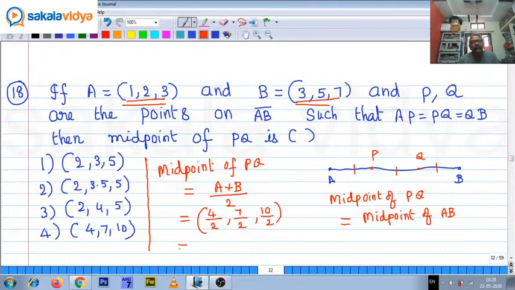So this equals 2, 7 by 2 is 3.5, 5. So the second option is the right option. In this case we need not find the points of trisection P, Q. Just using the concept we can solve this problem directly. This can be applied for a 2D system also.